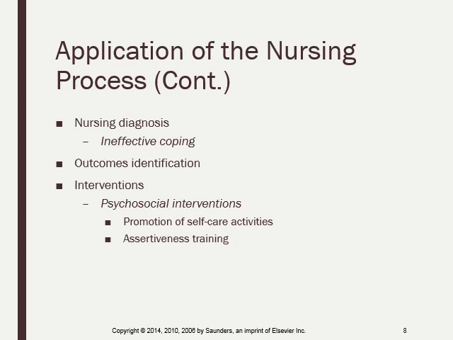So as we continue to look through this, the primary nursing diagnosis that we're going to look at is ineffective coping, because we want to help them to cope better. Some of the outcomes that we might want to identify are listed in our table 17.3 on page 324. This is another one of those tables that I love.